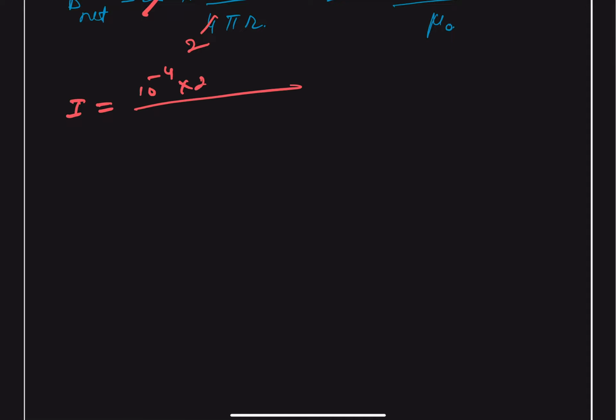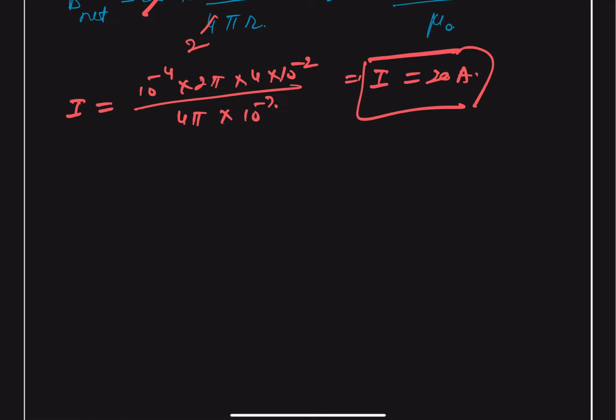Now we simply substitute the value. We get our current I will be equal to 10 to the power minus 4 into 2 pi, and this is 4 into 10 to the power minus 2, 4 pi into 10 to the power minus 7. So from here we get that the value of current will be our 20 amperes.